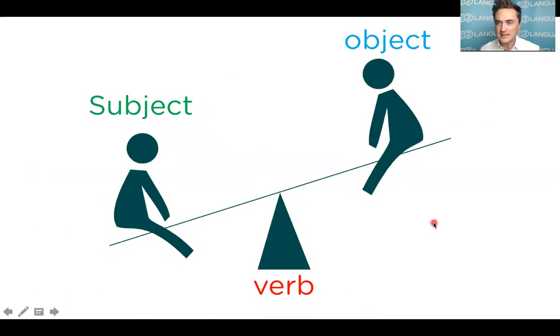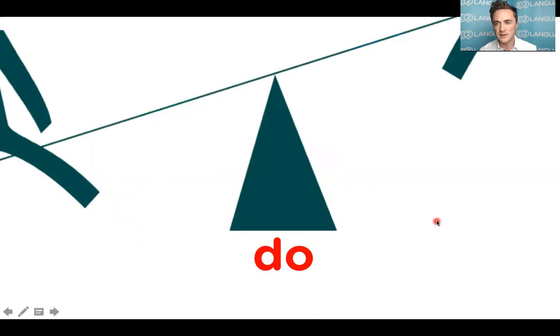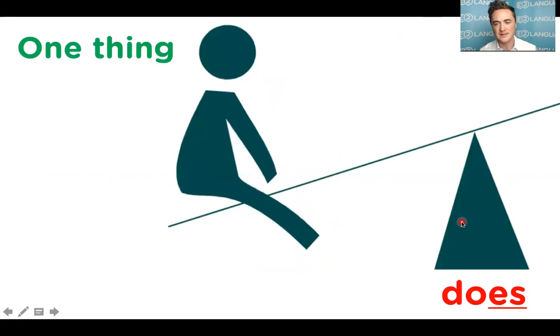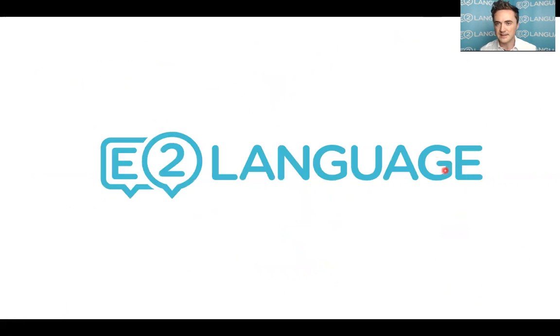We know that a sentence is subject, verb, object. Fine. And we know that there are two types of these do words. There's do and there's does. And it depends on the subject, right? Because one thing does. That's all you have to remember for these verbs. One thing does. That's the end. Let's go to Q&A. I hope that was helpful.